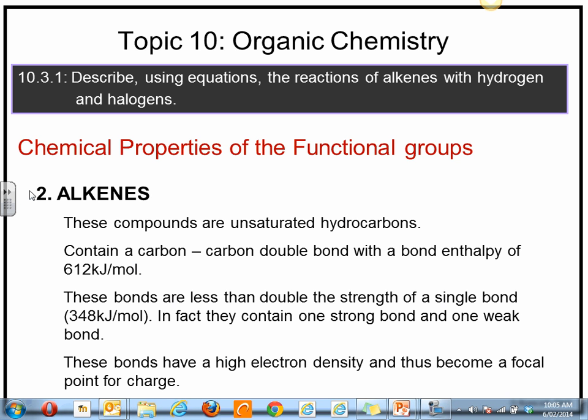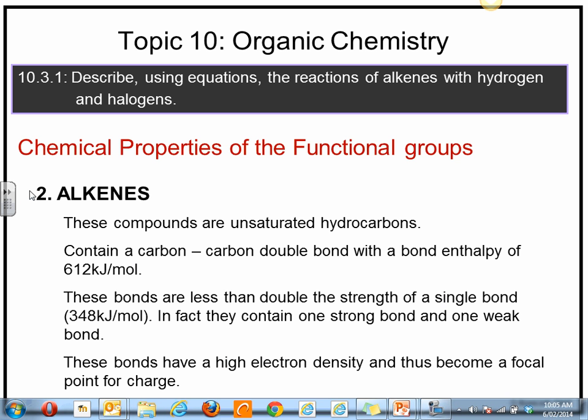But then the second bond of the double is a really weird loopy kind of bond that goes above and below the internuclear axis. There are two electrons there, and they can be there or there or there or there at any given point in time.